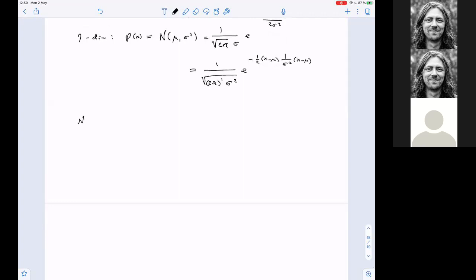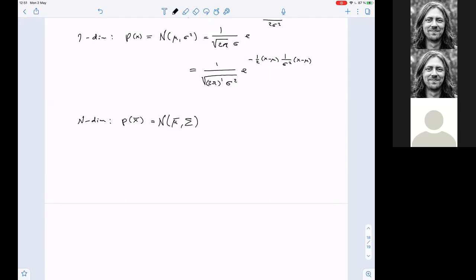So let's look at the n-dimensional Gaussian. That's now a PDF for an n-dimensional vector x. And that will be a normal distribution that now has a mean vector, and instead of lowercase sigma squared, it has a covariance matrix, uppercase sigma.